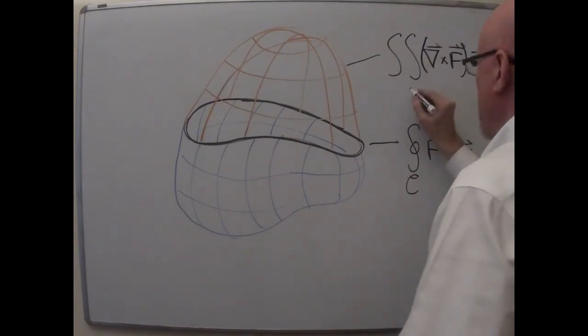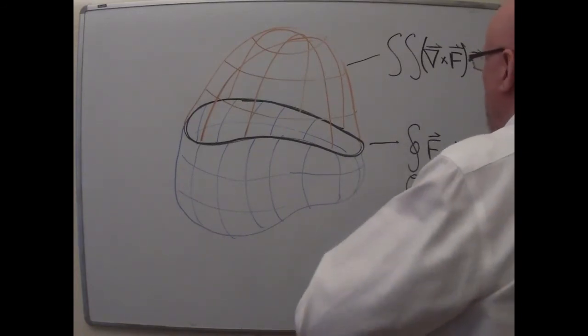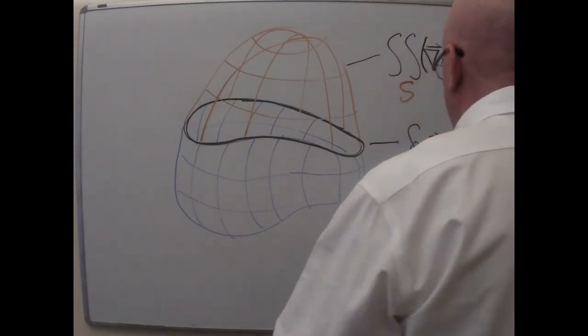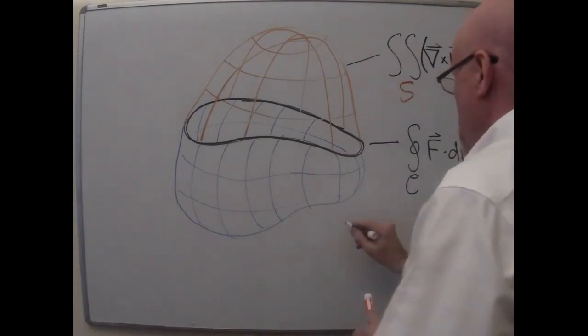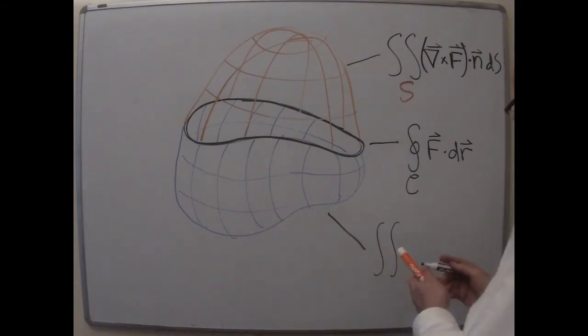So that's over, just to be cute, let's write the S in orange here. And at the same time, it's equal to this double integral over the blue surface.